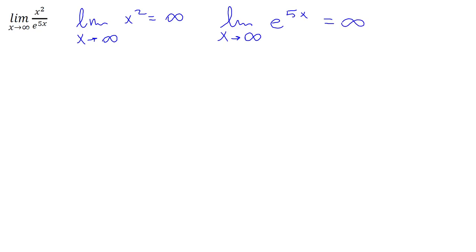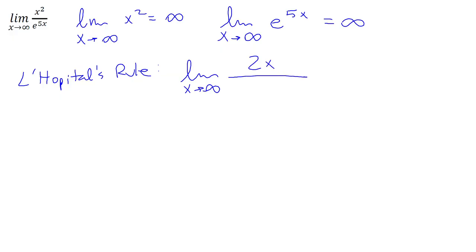All right, for our next one here, we've got the limit as x approaches infinity of x squared over e to the 5x. So the limit as x approaches infinity of x squared is just infinity, and the limit as x approaches infinity of e to the 5x is infinity. And so we can use L'Hopital's rule to give us a limit as x approaches infinity of 2x over the derivative of e to the 5x, which is 5e to the 5x.